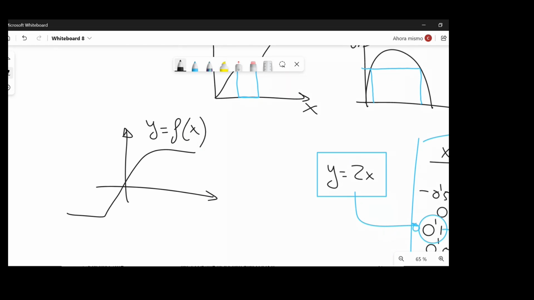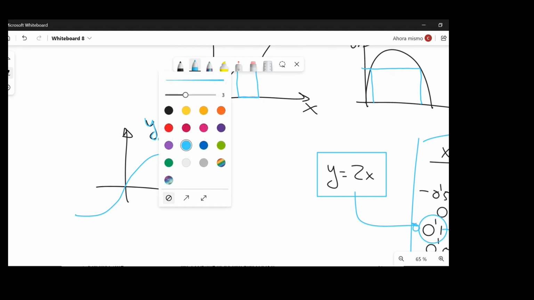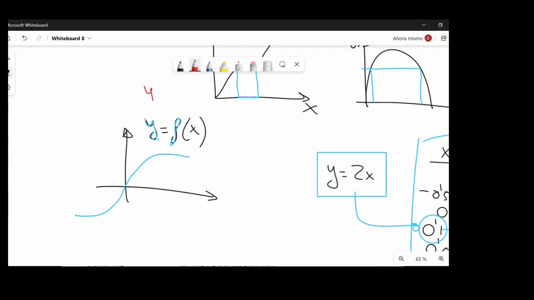So y1 is equal to f of x. But now I construct a different function: y2 is equal to f of x minus x naught.